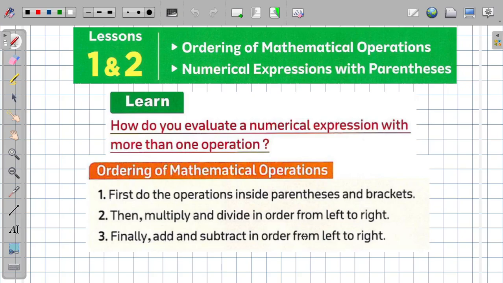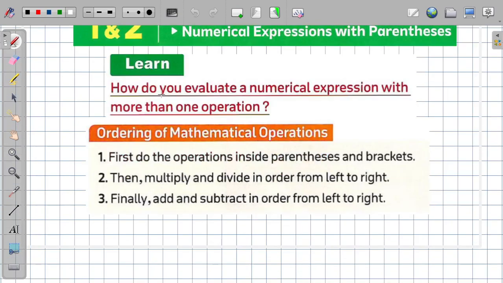We have an order to evaluate any numerical expression with many operations, and this order is like that. First, we will do operations inside parentheses and brackets. Next, I will multiply and divide in order from left to right. Finally, we will add and subtract in order from left to right.